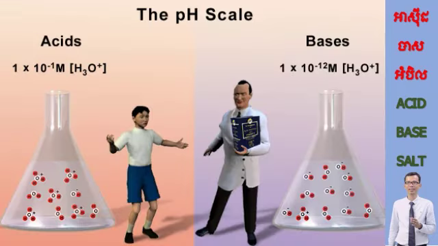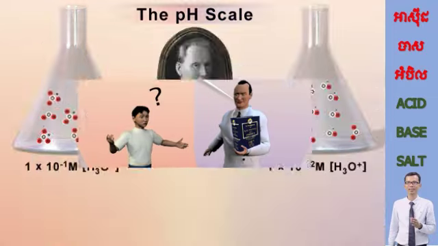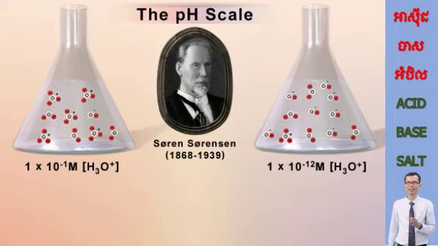As you just learned, the acidity of a solution is determined by the molar concentration of hydronium ions. However, many people are unfamiliar with the meaning of exponential numbers or are uncomfortable with their use. Fortunately, Søren Sørensen, a Danish biochemist, came up with another way to describe the concentration of hydronium ions in solution.